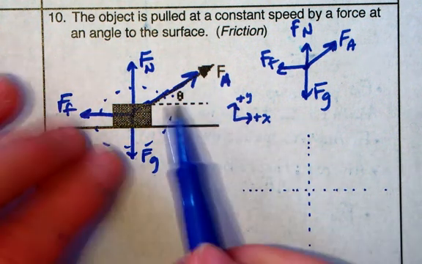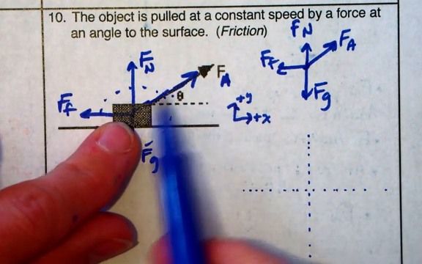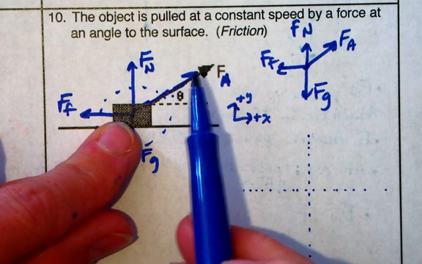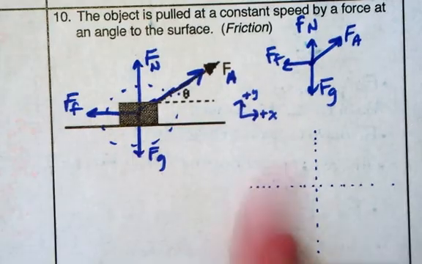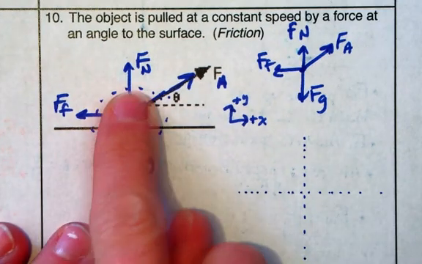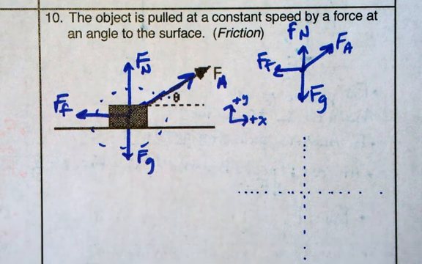You are more than welcome to turn your axis, and we can make this the positive y direction, but that means for 3 other vectors, we need to draw the x and y components, and it gets really messy. So not always, but most of the time, I purposely draw my axis to contain most vectors so that they're on there and they don't have components.